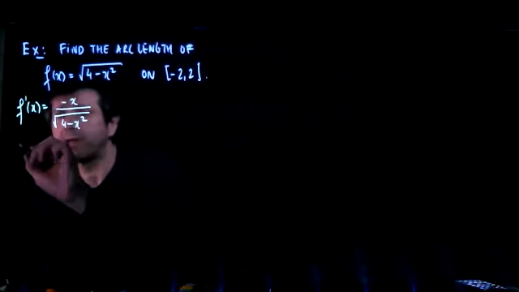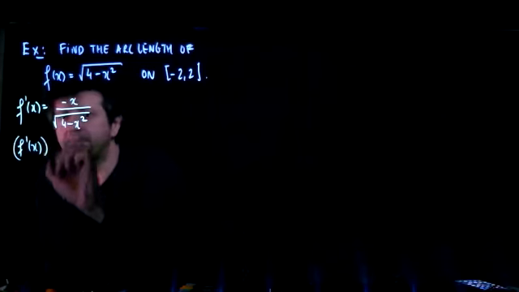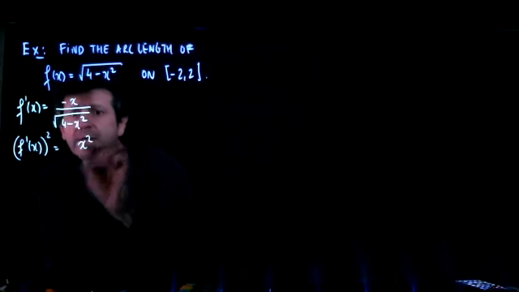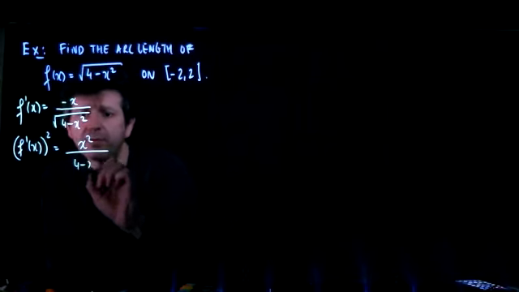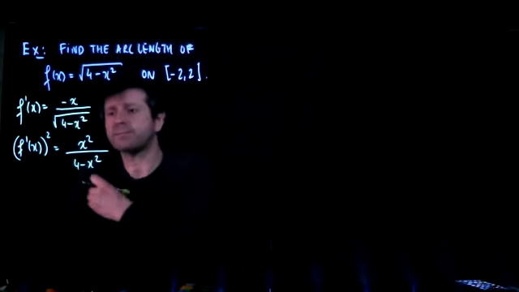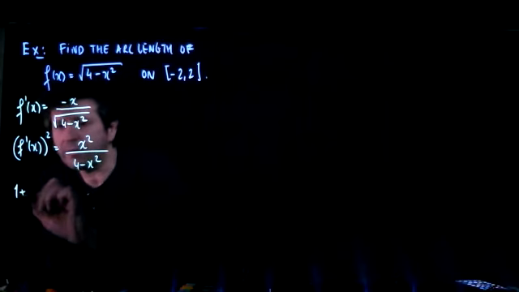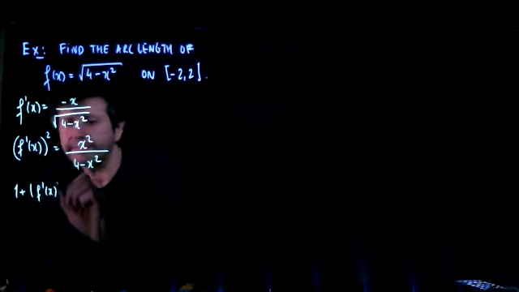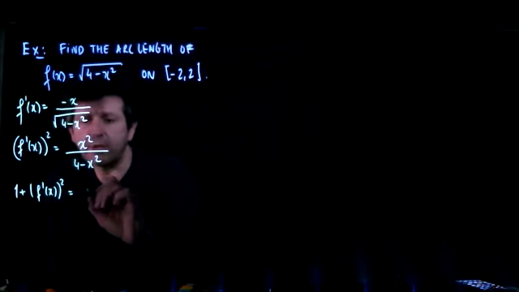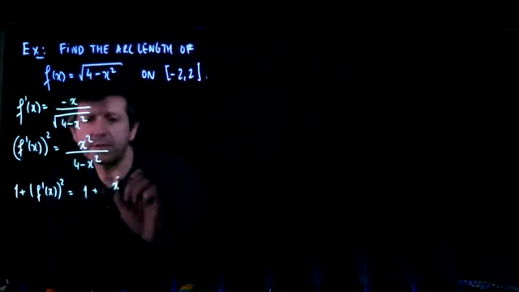If we square this, I get x squared over 4 minus x squared. And if you add 1 to it, you get 1 plus x squared over 4 minus x squared.